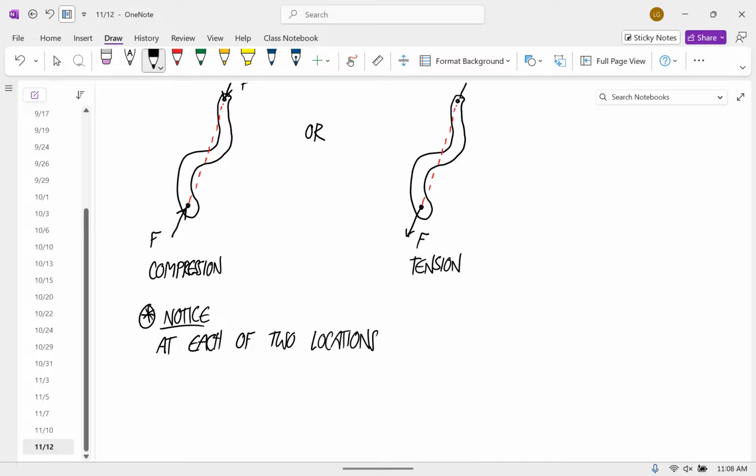So at each of the two locations, the force can be the sum of multiple force vectors.